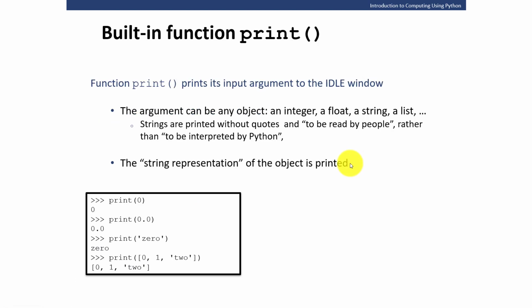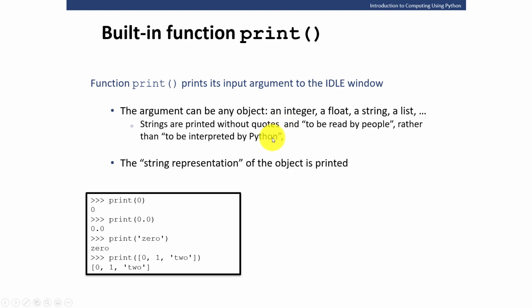So we have gone through the built-in function print. The built-in function print takes any argument inside the parentheses and will print the string representation.